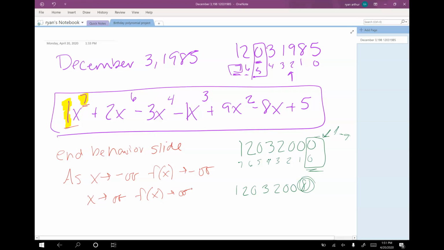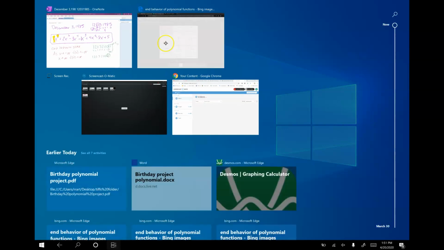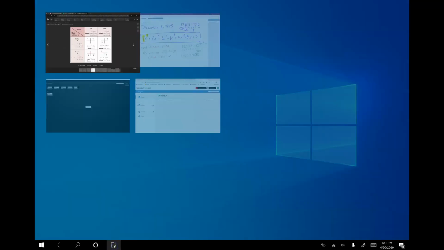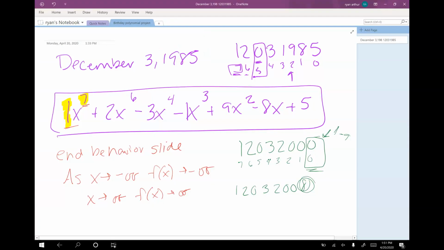Well, we looked at the graph. That's what our graph was doing. And then the chart says that's because my function is a positive odd function. And you would just say my function is odd positive.